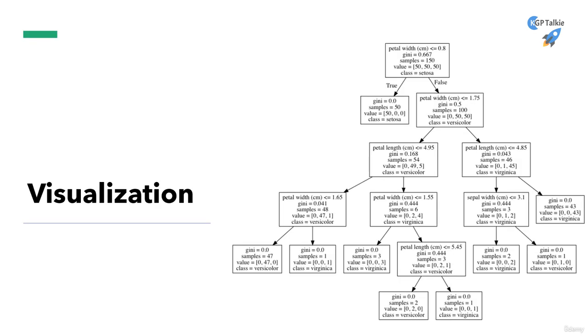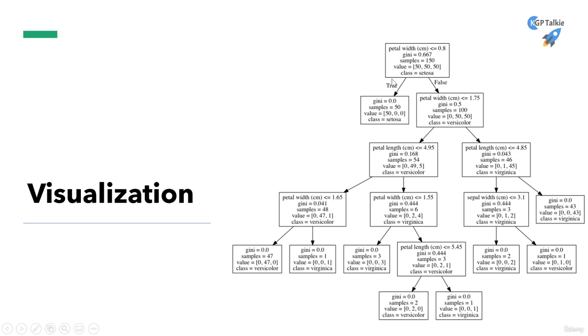This is the visualization of a decision tree, and it shows how overall decision tree classification takes place. For example, if we talk about the iris dataset, at the root node we have a Gini index of 0.667, total samples of 150, and values of 50, 50, 50 for all three classes.